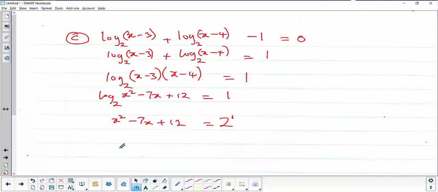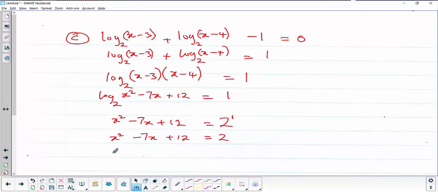Now, we can write it properly, which is the same thing as x squared minus 7x plus 12 equal to 2, because 2 raised to power 1 is still the same thing as 2. So we move this one to the other side, and equate it to 0 in order to have a standard quadratic equation.